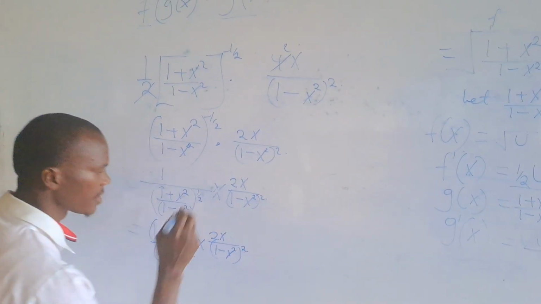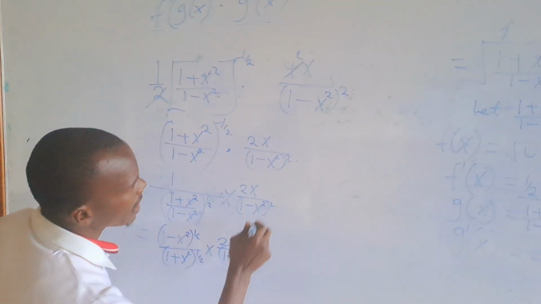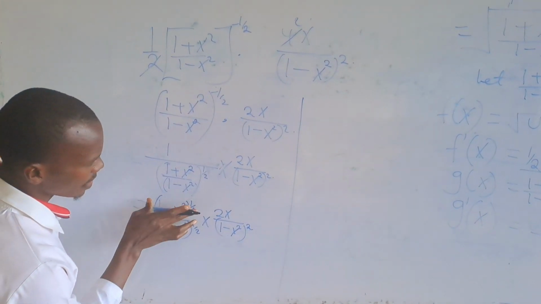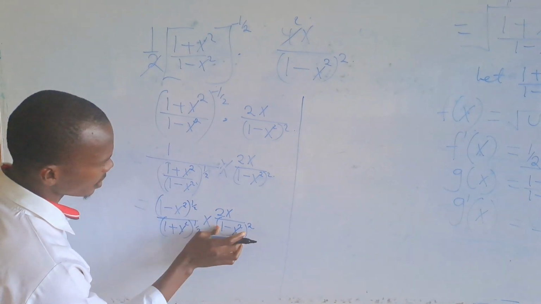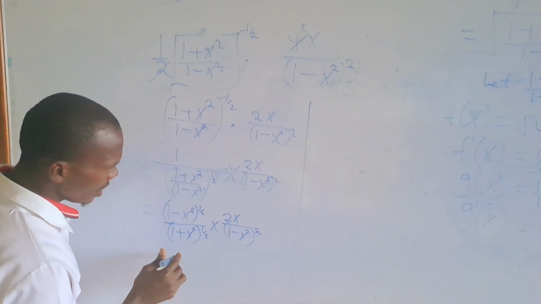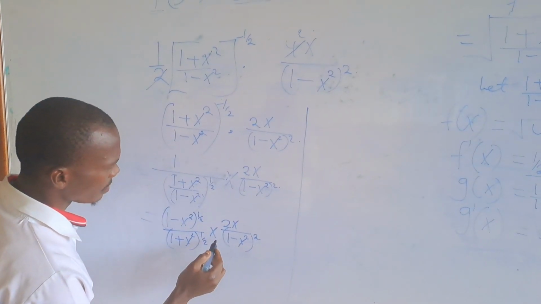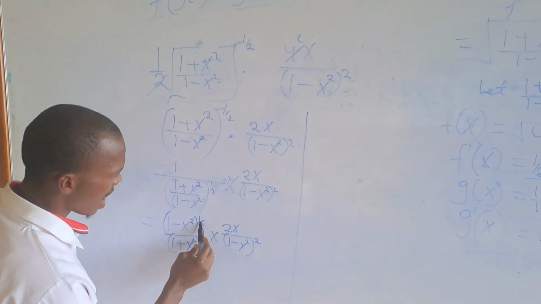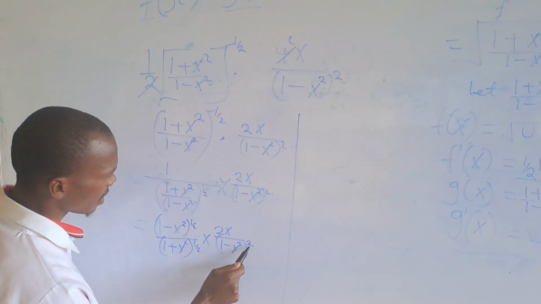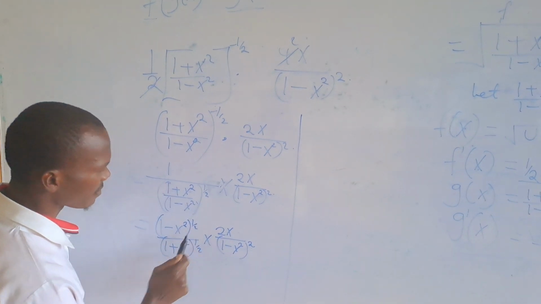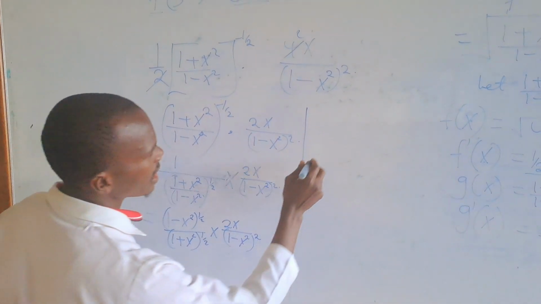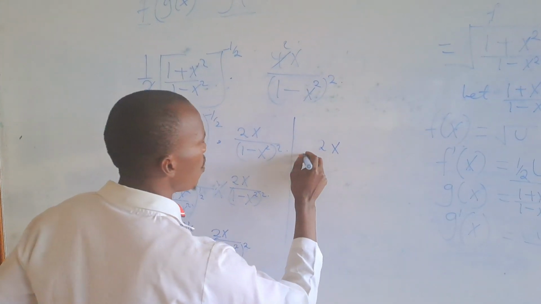Then we square that. So from there, we can now say this and this have the same base, so this one can go here, 2 over, that is a half plus a half, minus that is 2 minus a half, which will give us 3 over 2.